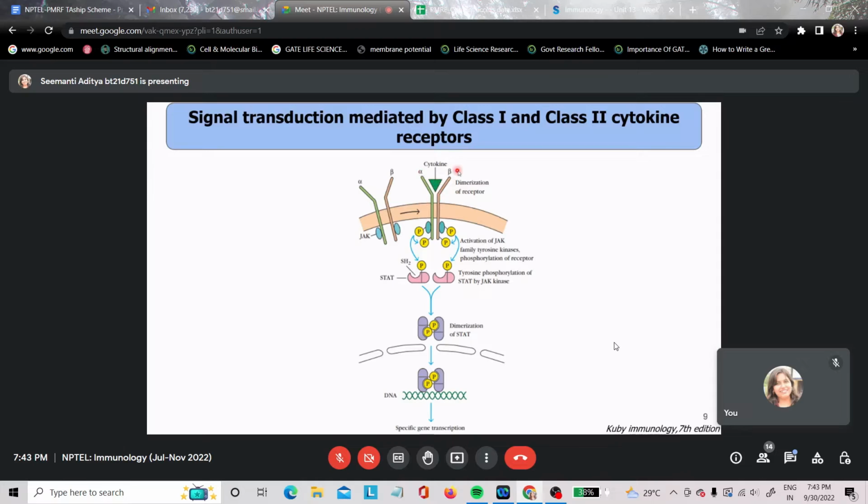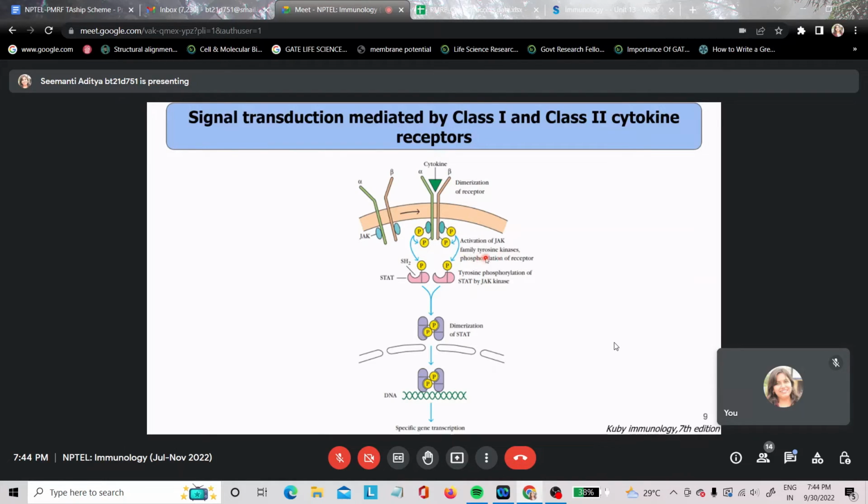So alpha and beta subunit come together. Once the alpha and beta subunits come together, there is a cytoplasmic domain present in the beta subunit, and this is associated with a JAK or Janus kinase. So there is a Janus kinase protein which is associated with the beta subunit of this IL-2 or IL-1 receptor, and this will phosphorylate. Janus kinase is a kinase protein. Any kinase proteins are a family of tyrosine kinases.